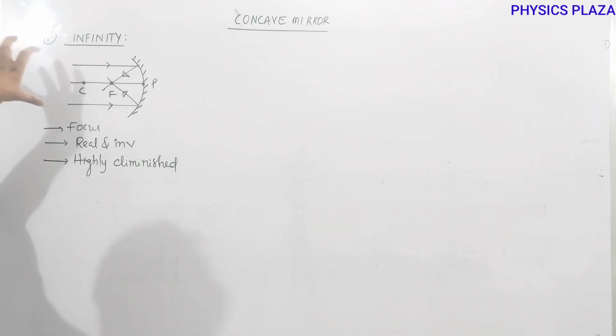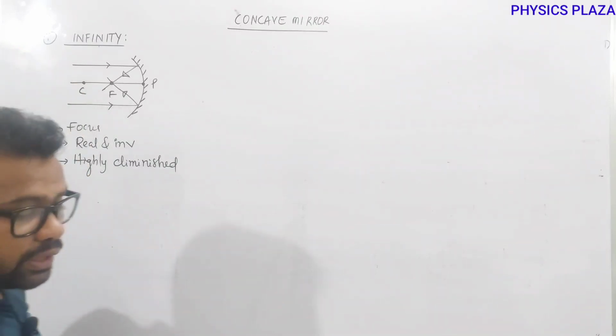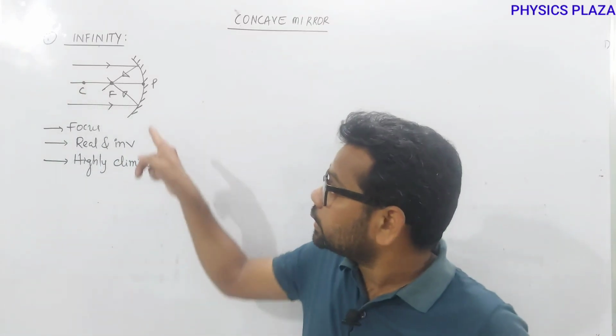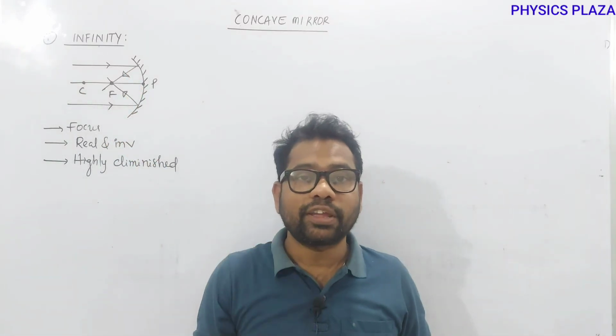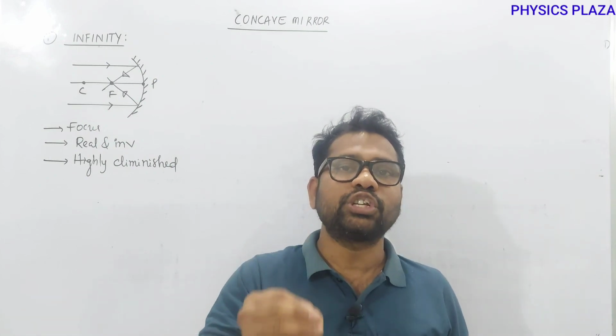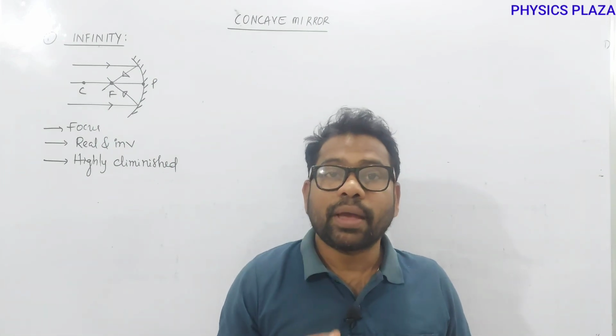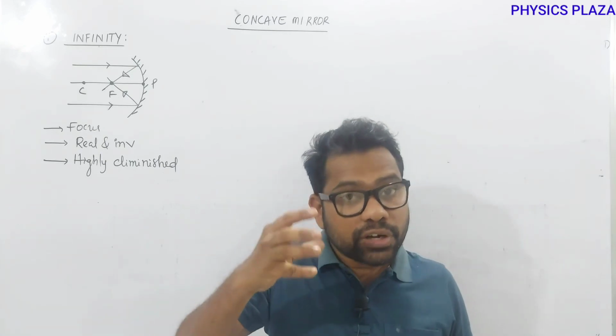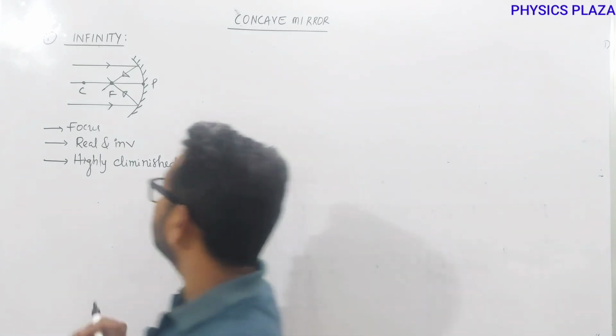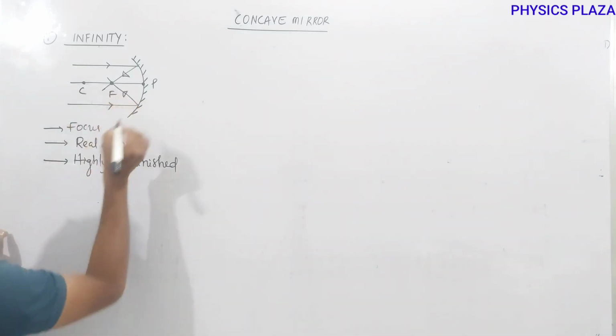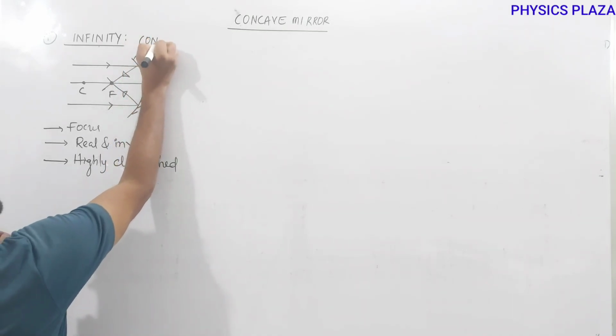Children, especially in this case of a concave mirror, what is happening? Light rays are converged. That's why a concave mirror is also called a converging mirror. Children, in the exam they may ask you to explain the converging action, very, very important.